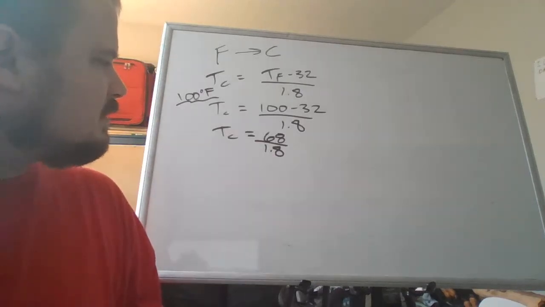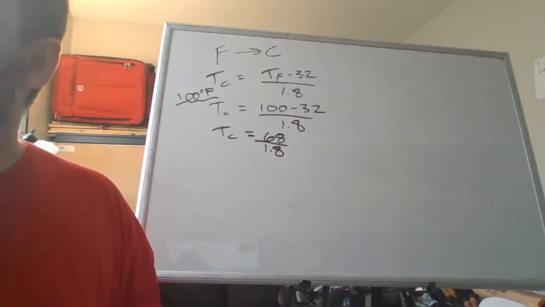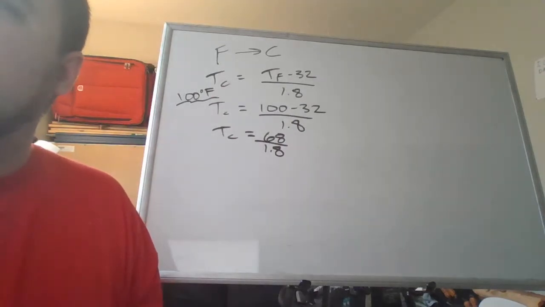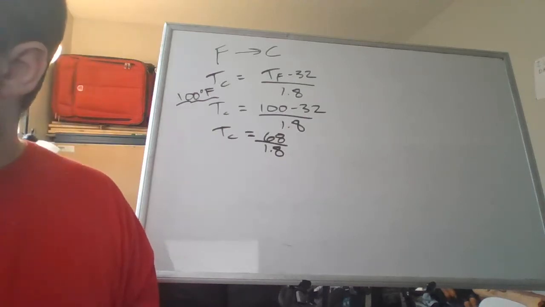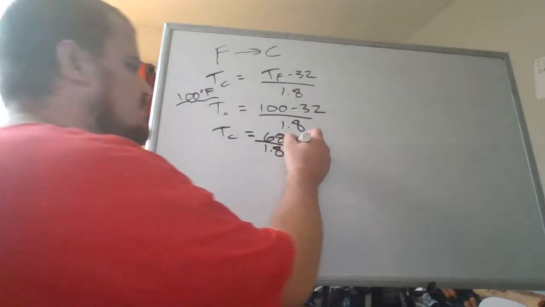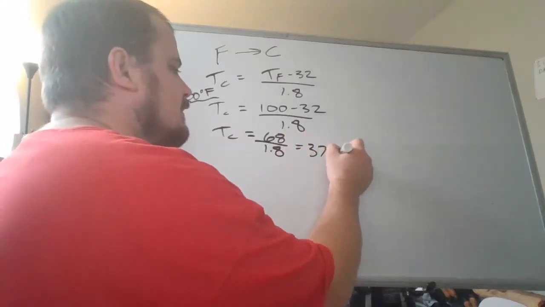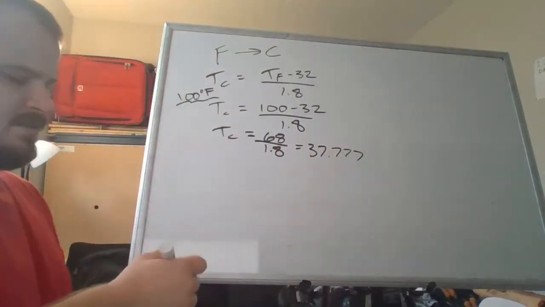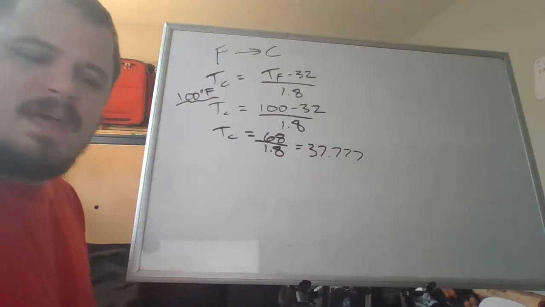So we do 68 divided by 1.8, and we get 37.7. It's actually 7 repeated. So that's how we do that.